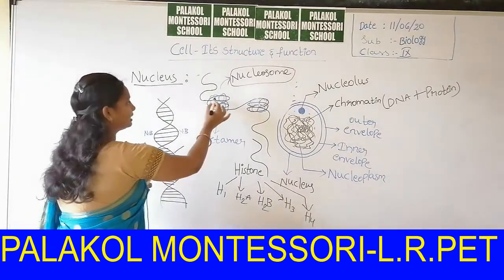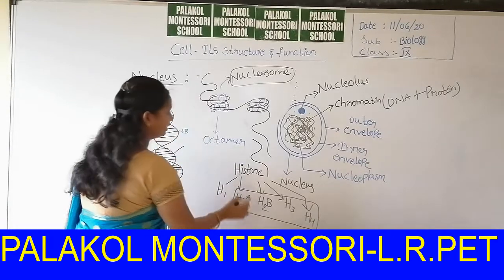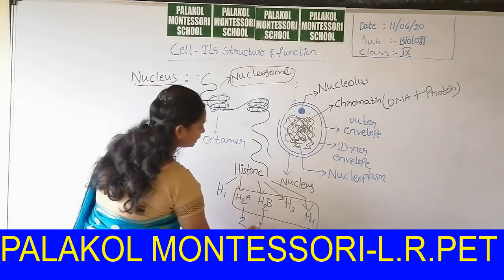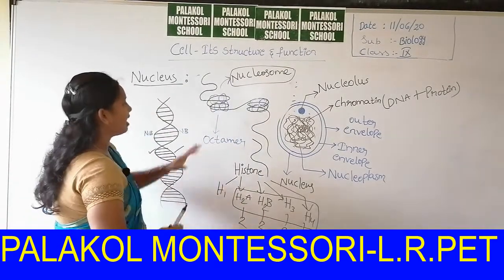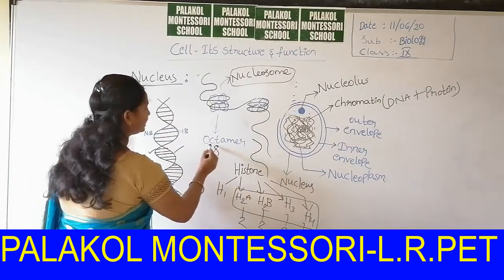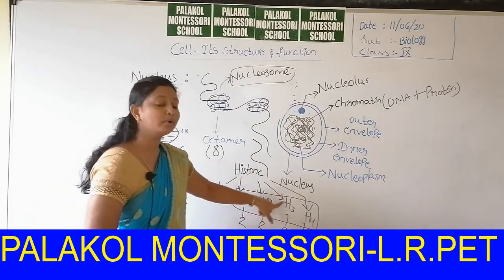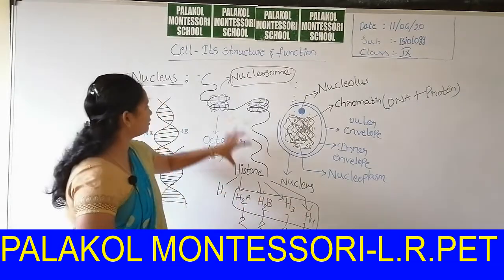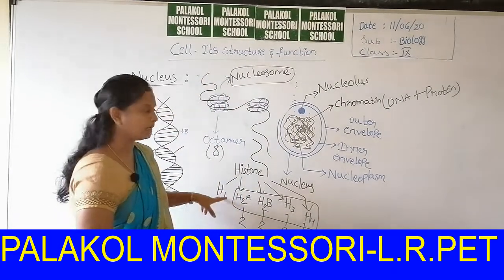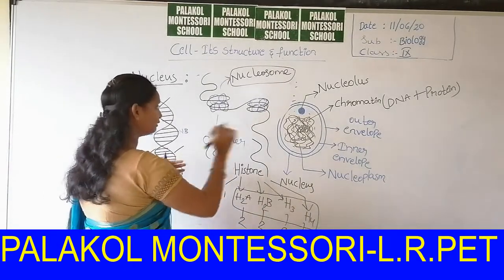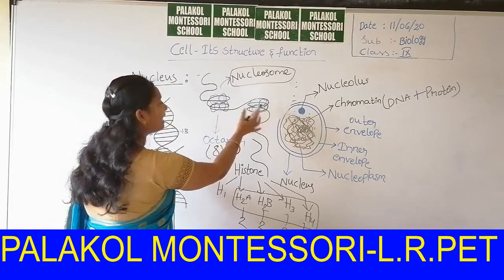Okay, these histone proteins are H2A, H2B, H3 and H4. These are 2, these are 2, these are 2, these are 2. But here I mentioned 5 types. Octamer is nothing but 8 proteins. That means H2A 2, H2B 2, H3 2, H4 2. These are involved in the arrangement of the octamer. But the H1 protein helps in linking one octamer to the other octamer.